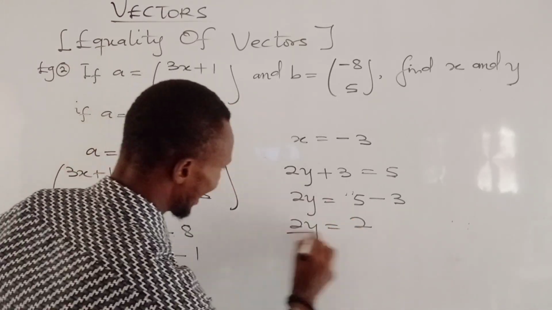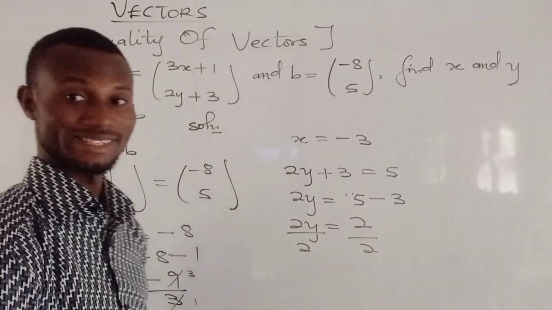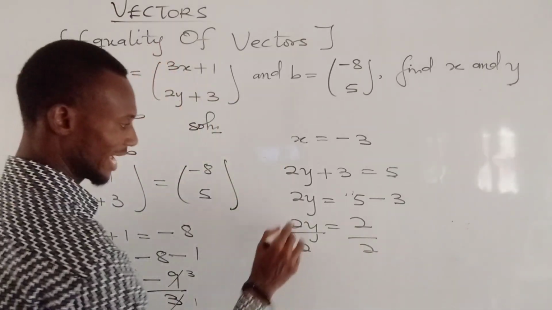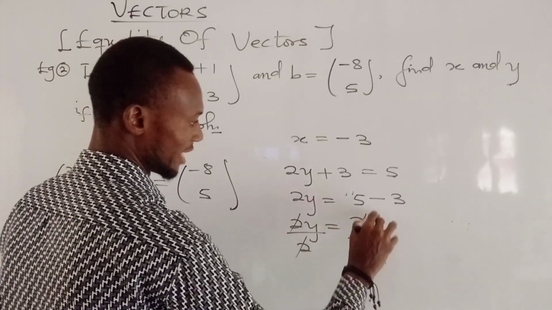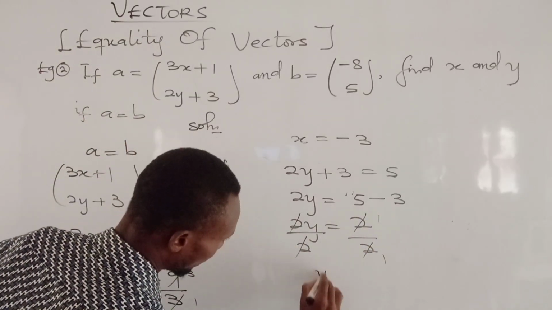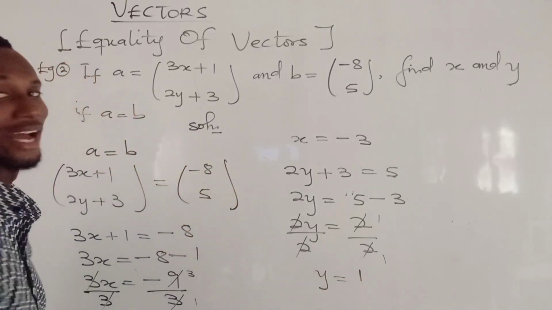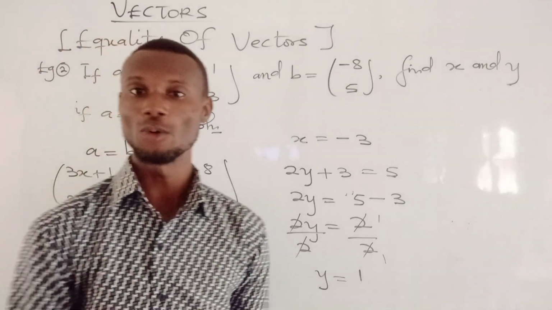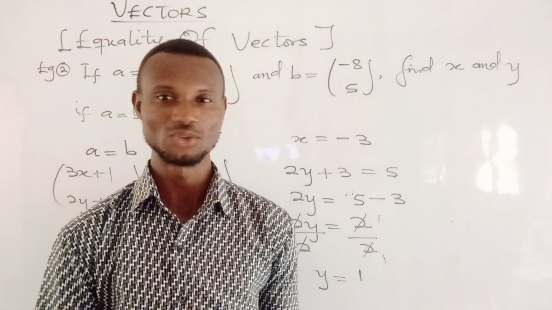To get my y, I'll divide through the equation by 2. I hope you understand up to this point. So let's go ahead. This and this cancel. 2 goes here 1, 2 goes here 1. So I have my y equals 1, and that's my final answer. I hope the explanation was clear enough and you understood it as well.